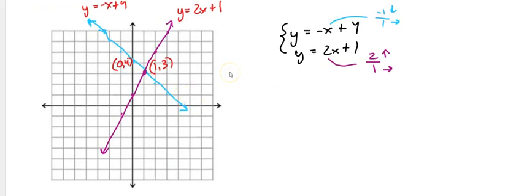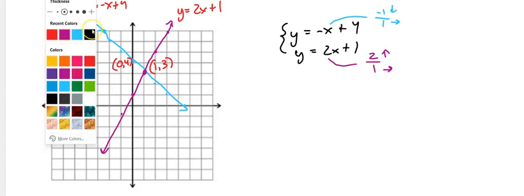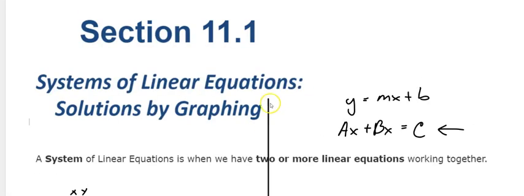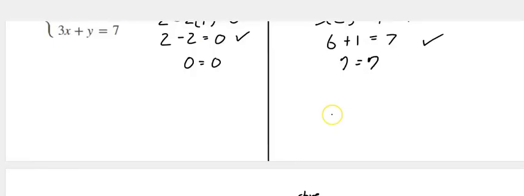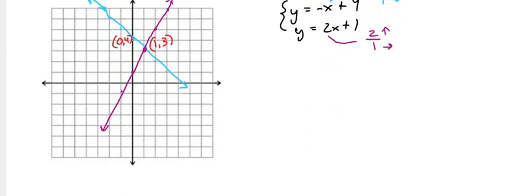And we can plug these in. We'll do that very quickly. So instead of x and y, we have the point 1, 3. We have our x, y. So we have 3 equals negative 1 plus 4.